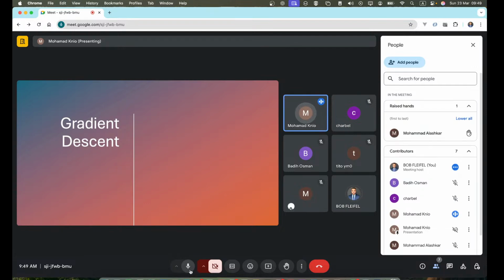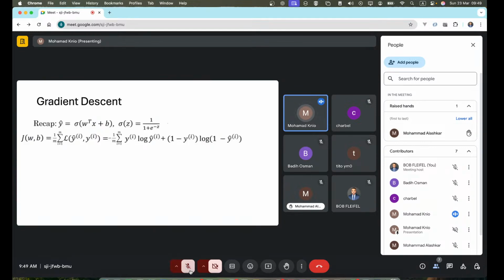Okay, so next time we'll talk about gradient descent and what's happening. This is the recap of how the function is doing. So we saw that this is the cost function here. This is for the logistic regression, and you do gradient descent to minimize the loss function as much as possible.